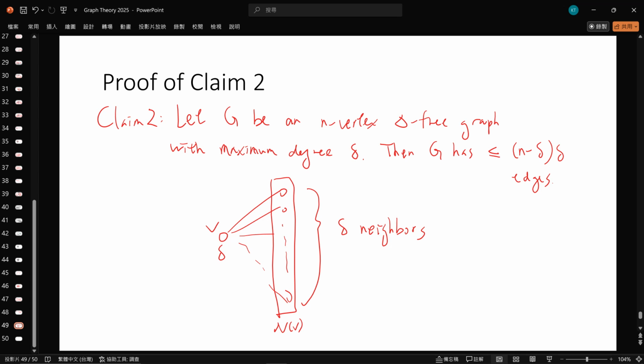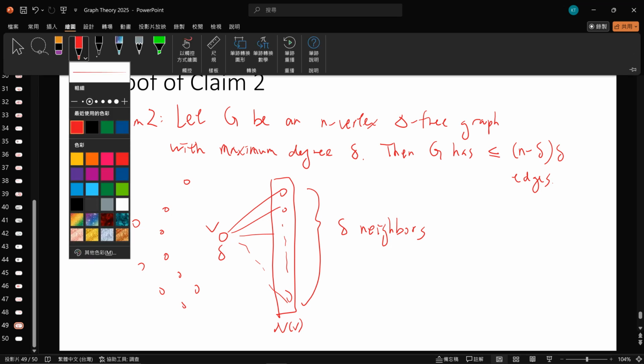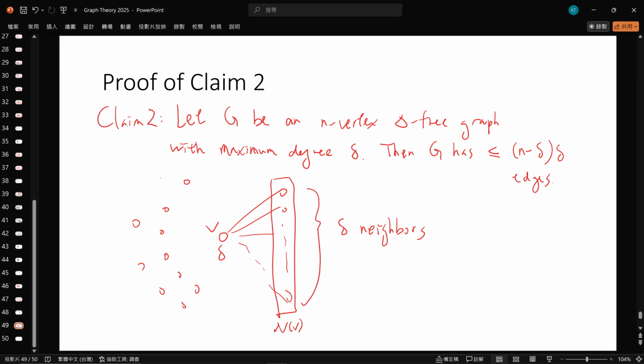So obviously there are some vertices that are not adjacent to this vertex V, okay? So in other words, we have this set, okay?